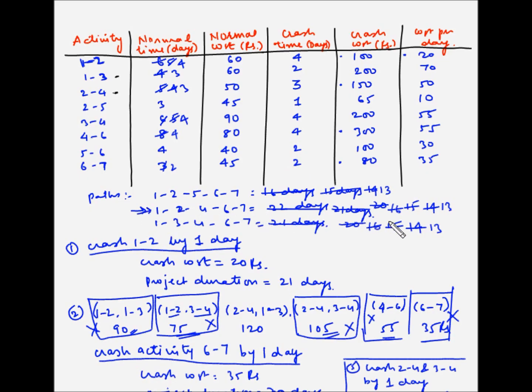So the duration of this path will always remain 13 days. So even though we reduce the duration of the other paths, we will not be able to reduce the duration of this path, and so this is the maximum we can crash the overall project to benefit in terms of the reduced timelines of the project.